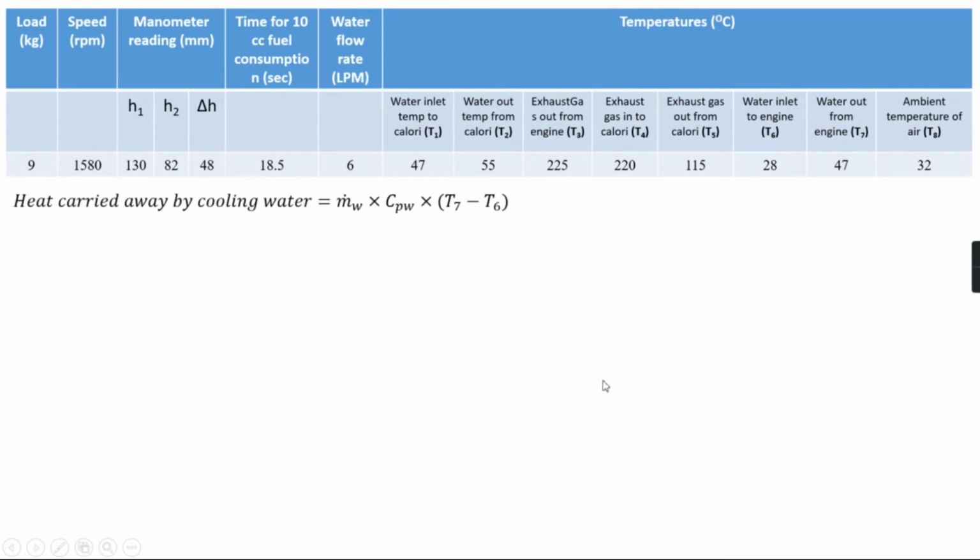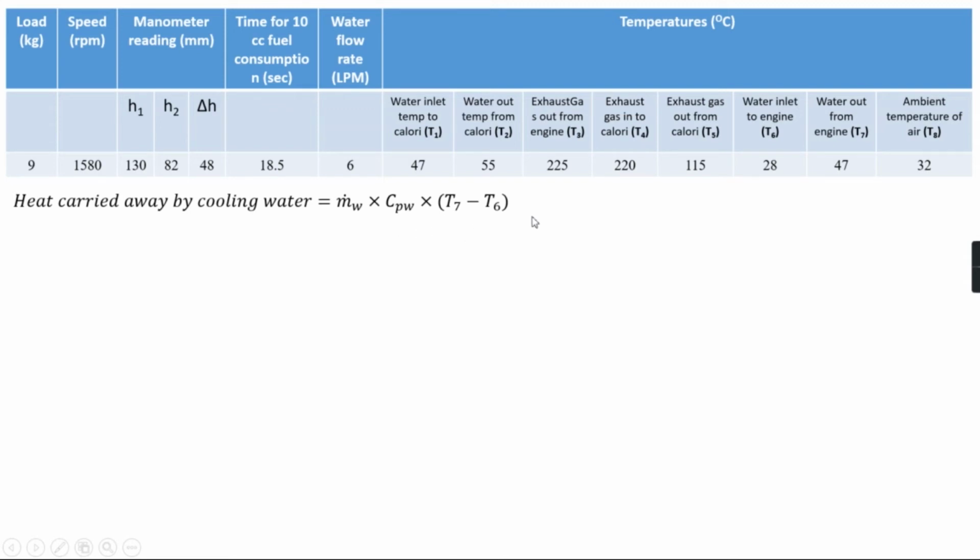Next, I will calculate the heat carried away by cooling water. The cooling water is supplied to the engine, right? So we have to measure the amount of energy, or heat, which is absorbed by the water. First of all, we should know the mass flow rate of water, which is given to you as 6 lpm, into the specific heat of water, that is 4.18, into T7 minus T6.